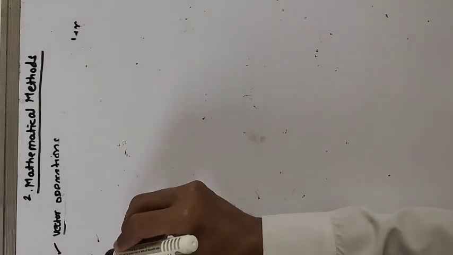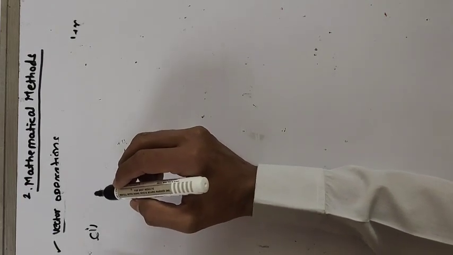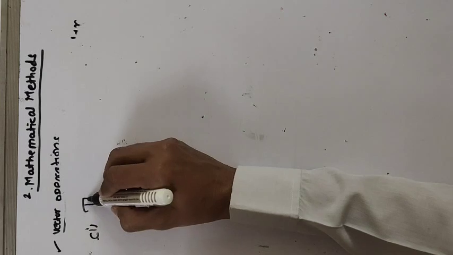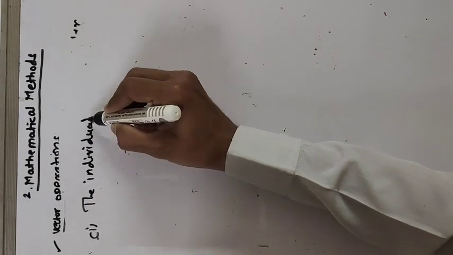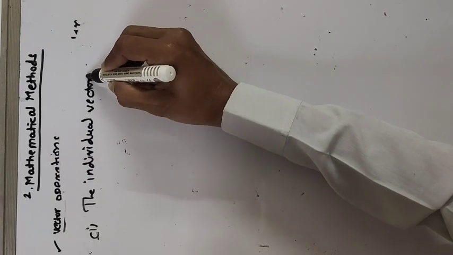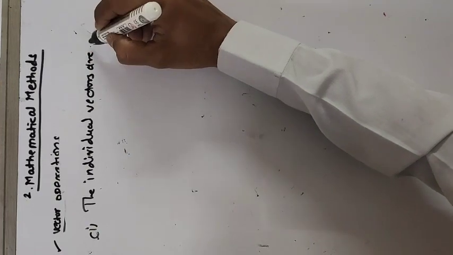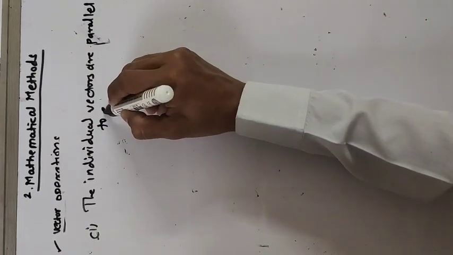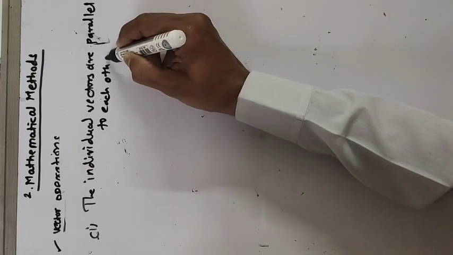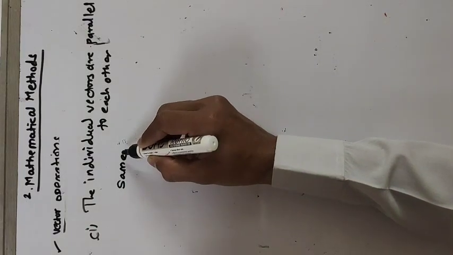So in the first case we think that the individual vectors are parallel to each other, having the same direction.